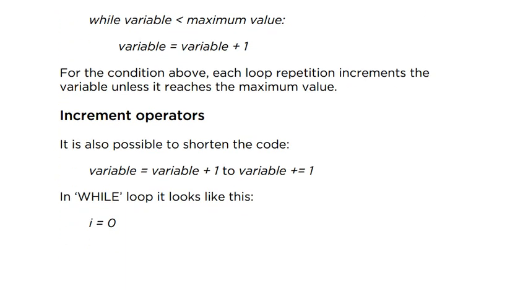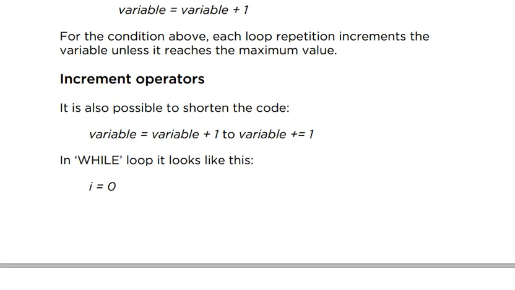Increment operators: it is also possible to shorten the code. variable = variable + 1 becomes variable += 1. In a while loop it looks like this. i = 0.